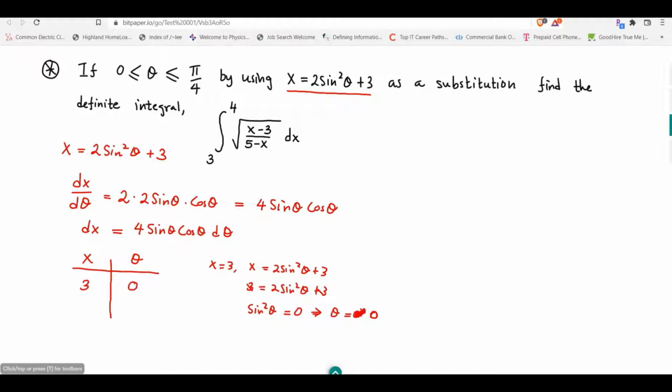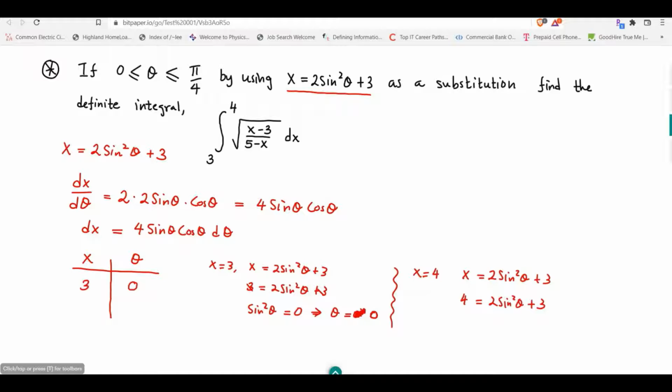And then I'm going to look at the other limit, the upper limit, that is when x equals 4, what's the value of theta? I'm going to again substitute in this expression. So I have a 4 here, equals 2 sine squared theta plus 3.